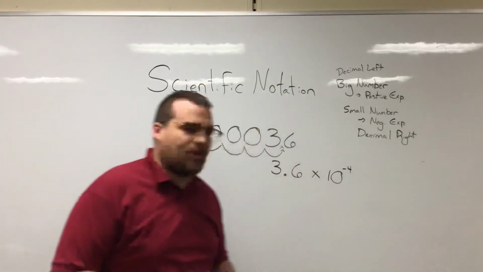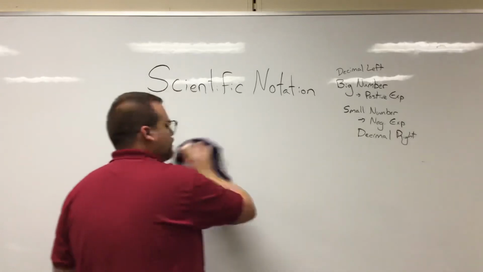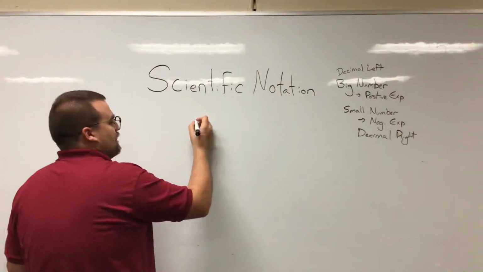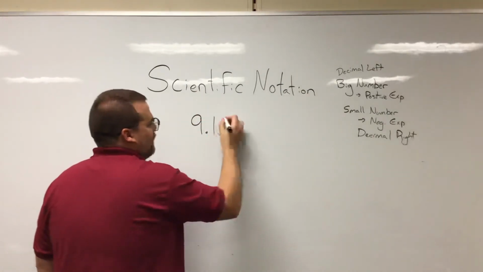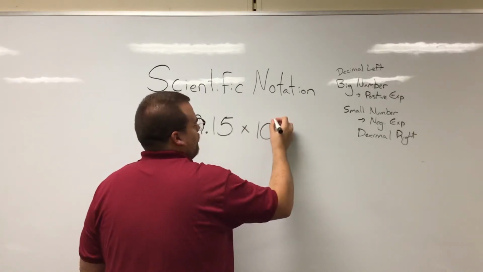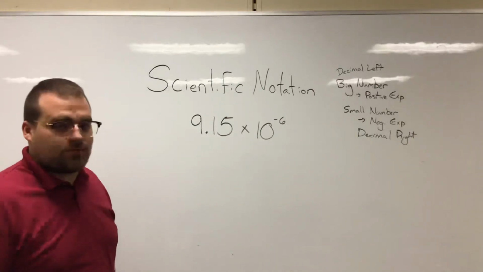All right, let's finish up this video starting with a scientific notation and writing it in regular form. Let's say we have 9.15 times 10 to the negative sixth. So here's what I'm going to do.